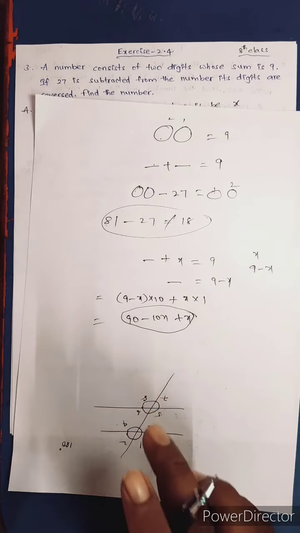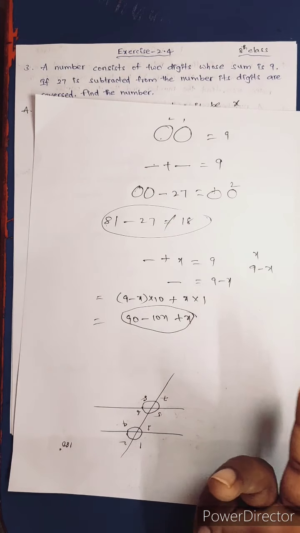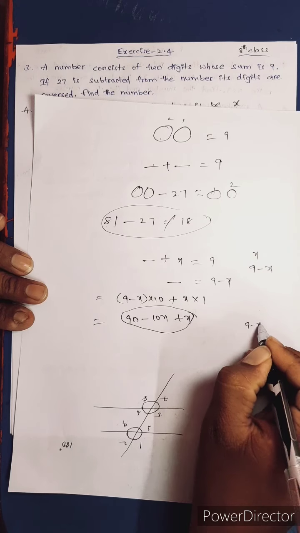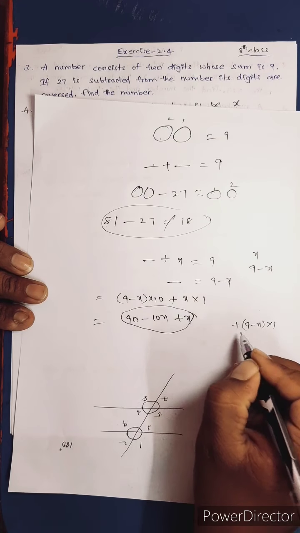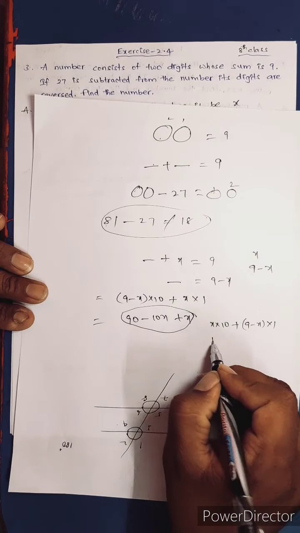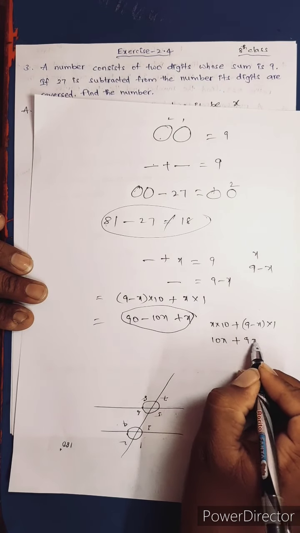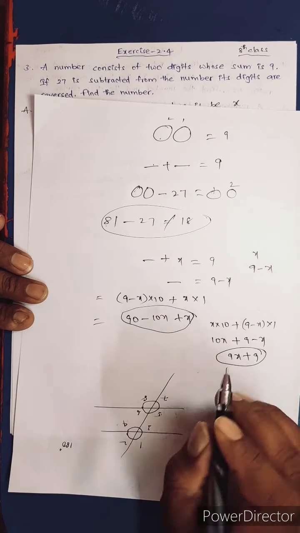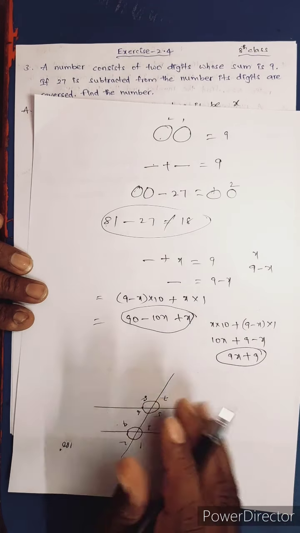When you subtract 27, these digits are reversed. So now the ones place is 9 minus x and the tens place is x. What happened? 10x plus 9 minus x, that is 9x plus 9, after subtracting 27.